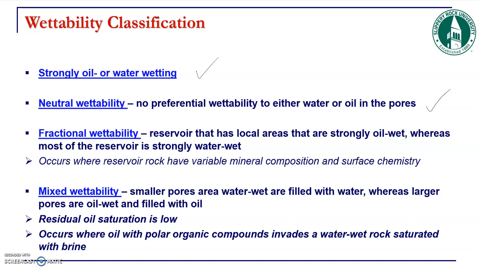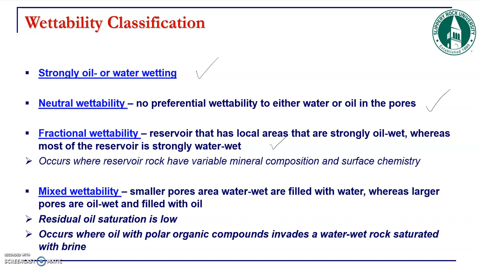This is due to different types of mineral compositions in different areas of your reservoir. Some minerals inside your reservoir are strongly oil wet, and some of them are strongly water wet. So you have a fractional wettability within your reservoir. That's the definition of fractional wettability.